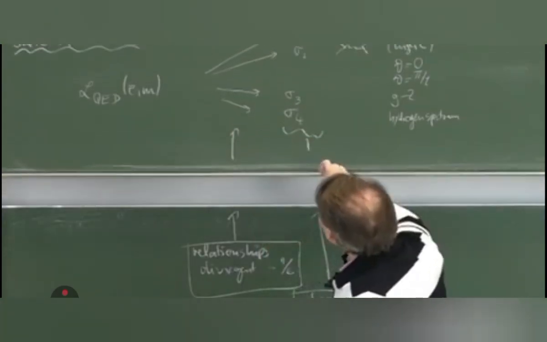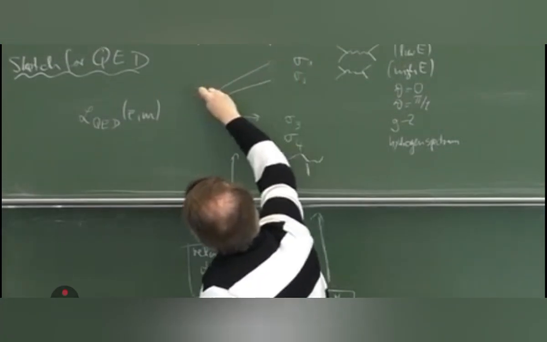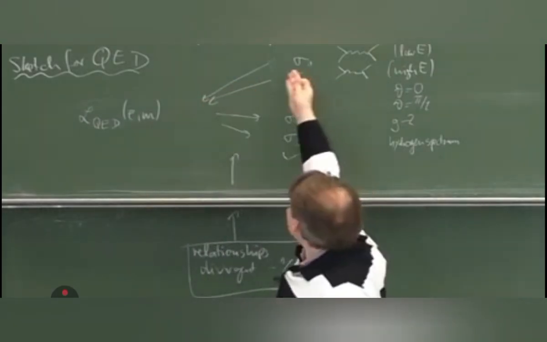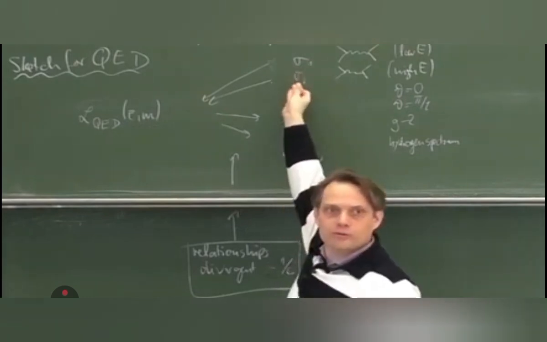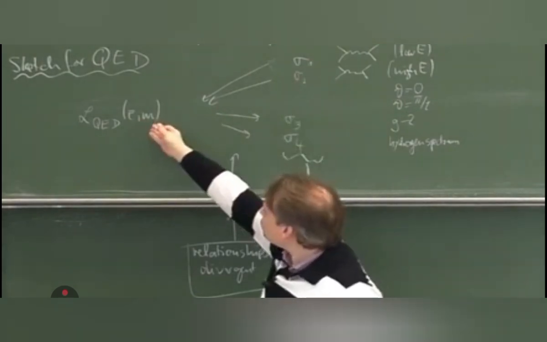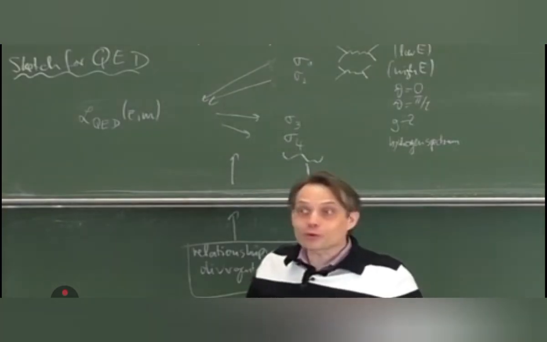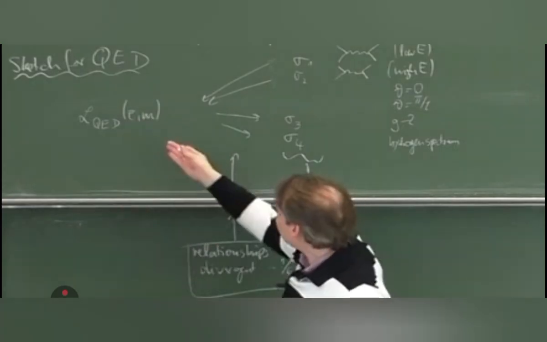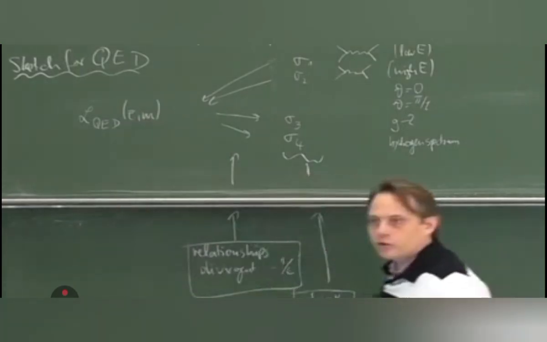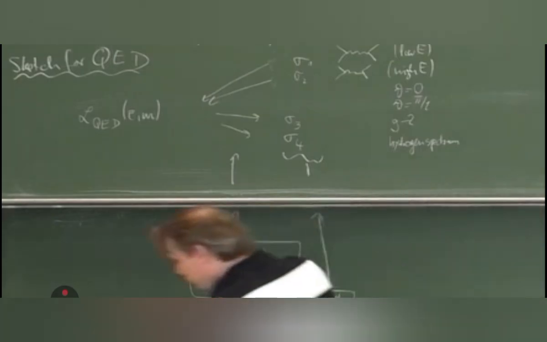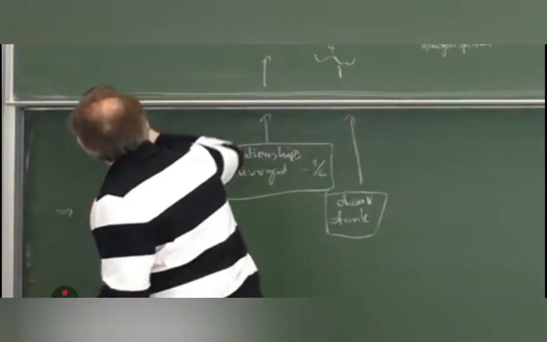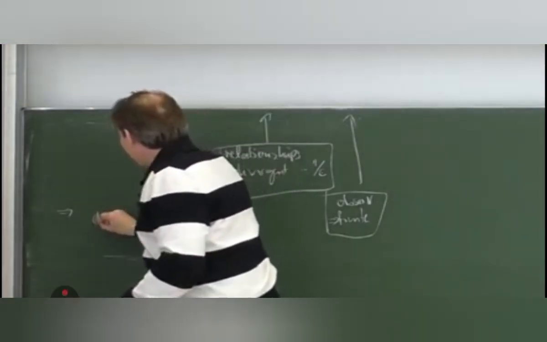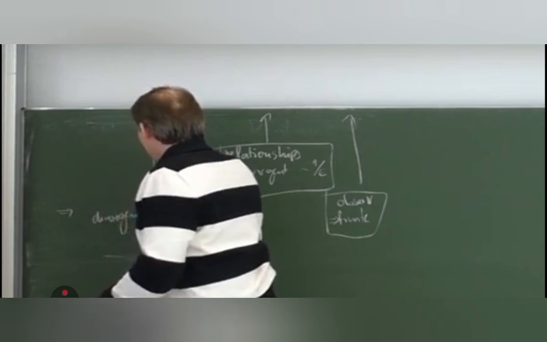And so you can now invert the relationship. For example, you might simply say, I use the relationship in order to compute E and M from the measured sigma 1 and sigma 2, and then I will get a divergent result for E and M. And that is not a problem as long as we accept that E and M are not observables. Nobody has ever stated or claimed that this E and M is an observable. And so therefore what we simply need to conclude is that these are divergent quantities.